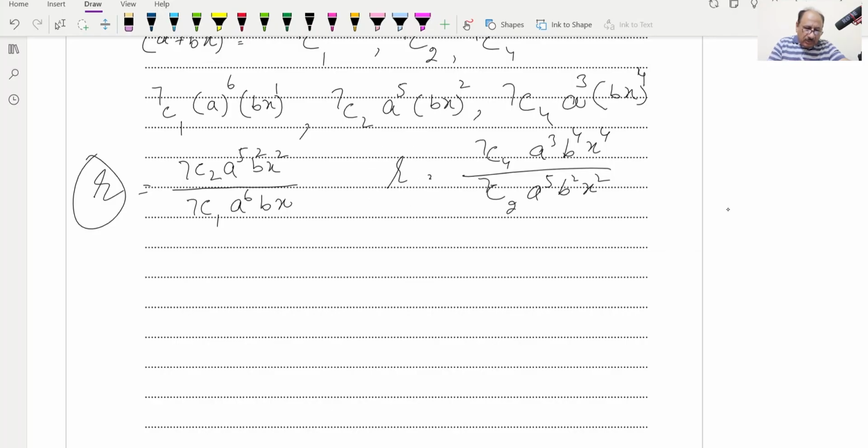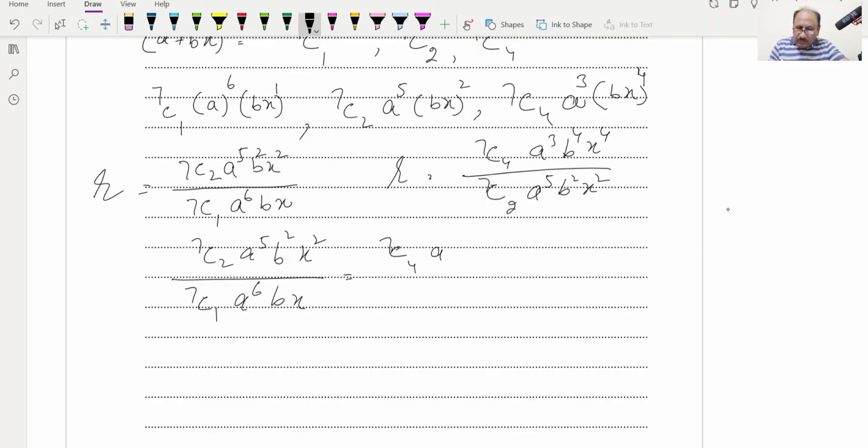So we will get 7C2 a^5 b^2 x^2 over 7C1 a^6 b x, and this is equal to 7C4 a^3 b^4 x^4 over 7C2 a^5 b^2 x^2. And now we can simplify.